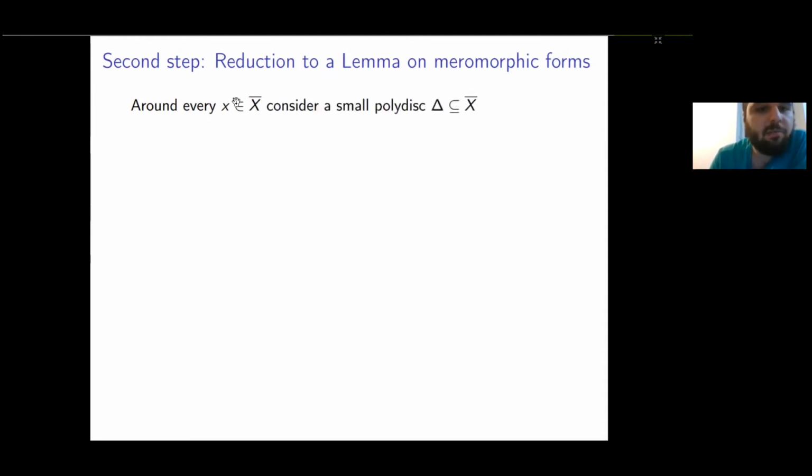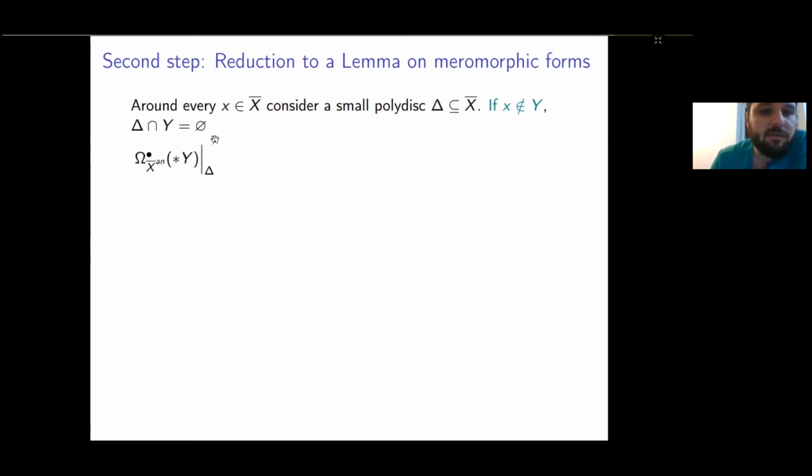Around any point in X bar, you can consider a small polydisk contained in X bar. And we will separate the analysis in two cases. The first case is when the point is not in Y, not in the divisor at infinity. In this case, we can assume that the polydisk is small enough such that it doesn't intersect Y.